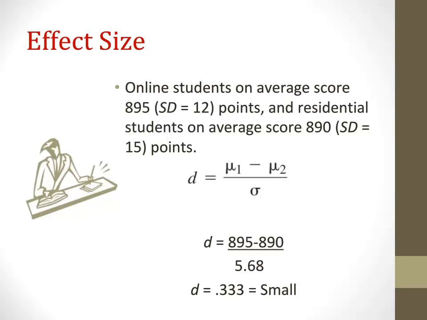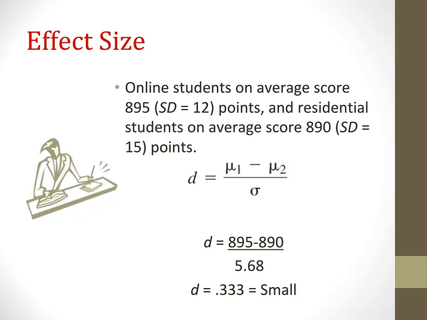If we input the numbers, we find that 895 minus 890 divided by 5.68 is equal to an effect size of 0.333, which, if we refer back to Cohen's conventions for interpretation, we would say is small, because remember, Cohen's conventions say that a Cohen's d of 0.2 is small and 0.5 is medium, so 0.3 is closer to 0.2, so we would say that it's small.